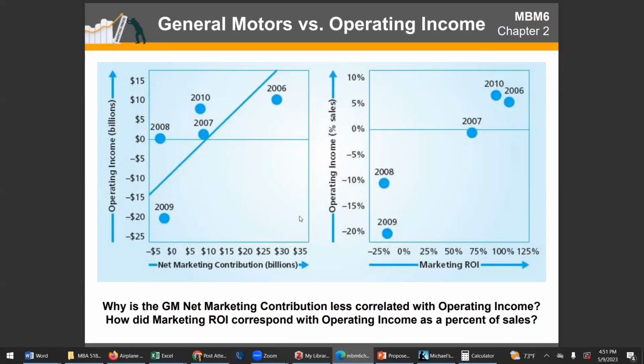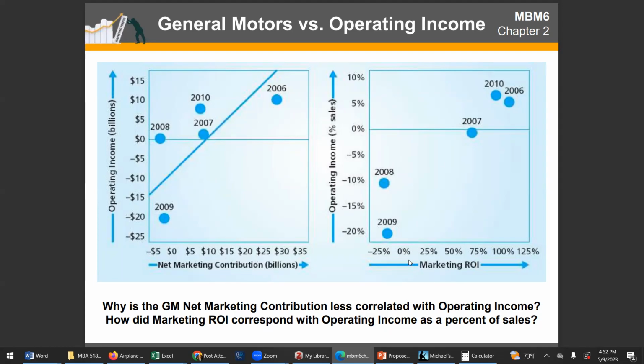Okay, so you see that there is sort of an interesting distribution here where year to year the relationship between net marketing contribution and operating income is sort of all over the map here, right?